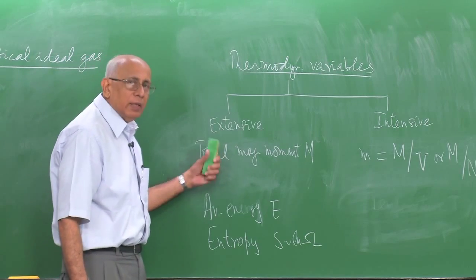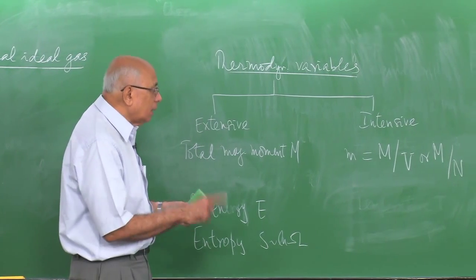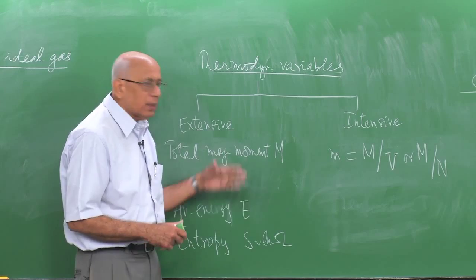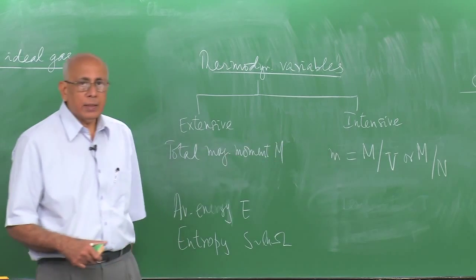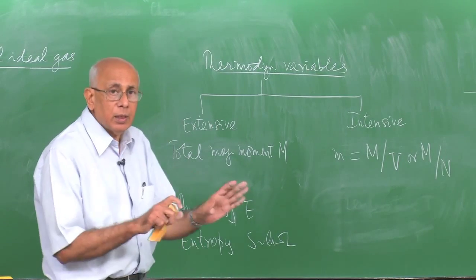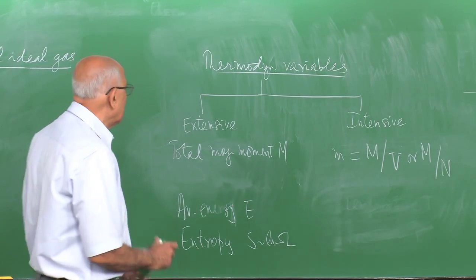So, every time you have an extensive quantity, you can in principle divide by the number of particles or the volume of the system for a given density and make it into an intensive quantity, but the distinction between the two should be kept in mind.